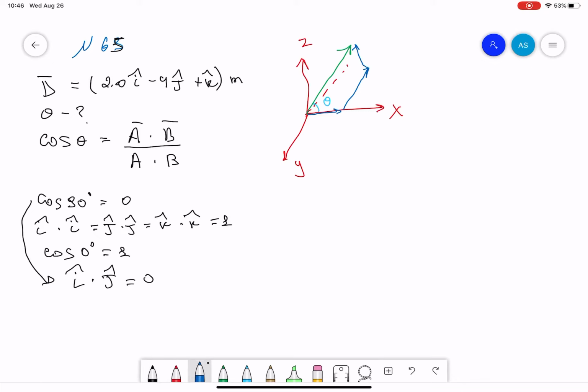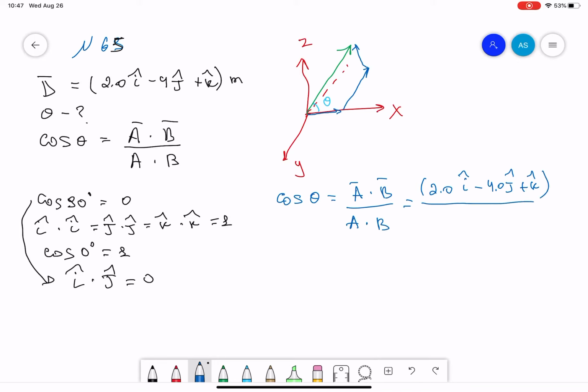So cos theta is equal to a dot b vector divided by the magnitude of a multiplied by the magnitude of b. In our case, a vector is the d vector, which is equal to 2i minus 4j plus k vector.